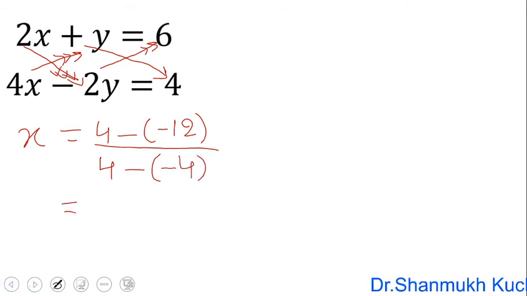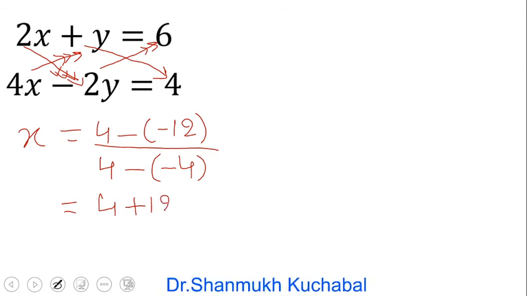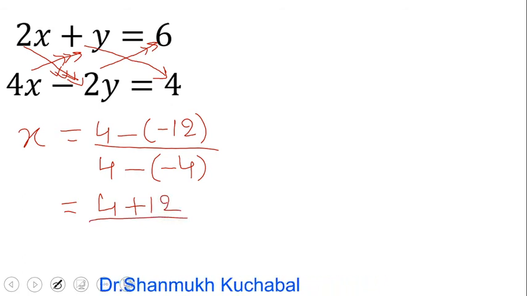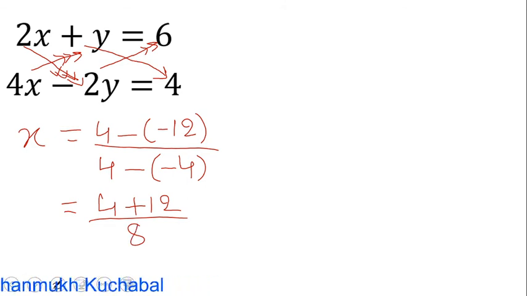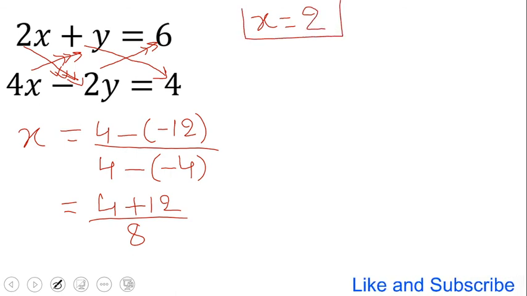Then we will simplify this. Numerator simplification: 4, minus into minus is plus 12. Denominator simplification: 4, minus into minus is plus, so we get 8. The numerator simplification is 12 plus 4, we get 16, divided by 8, so we get the solution x equal to 2 here.